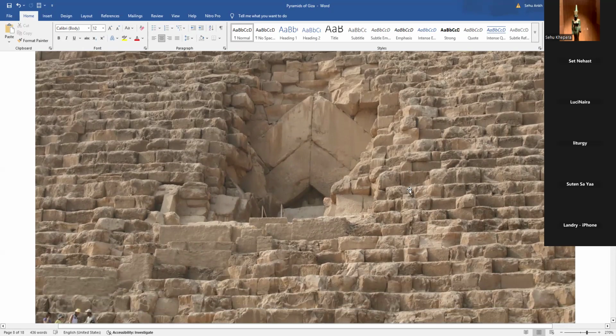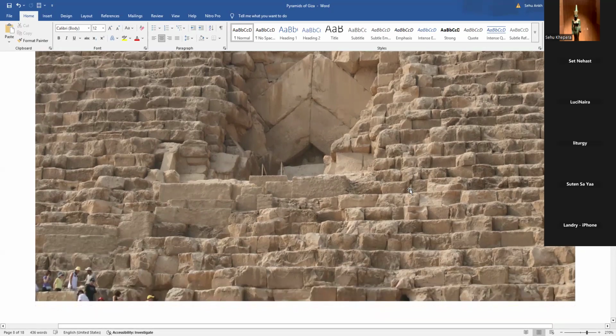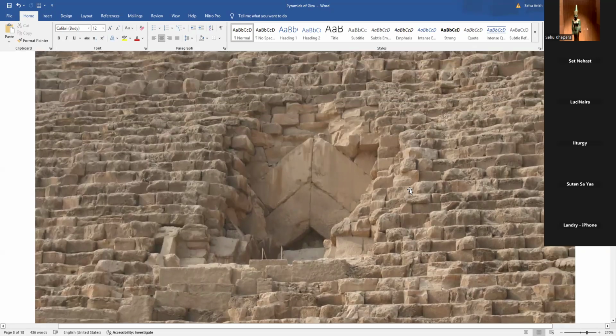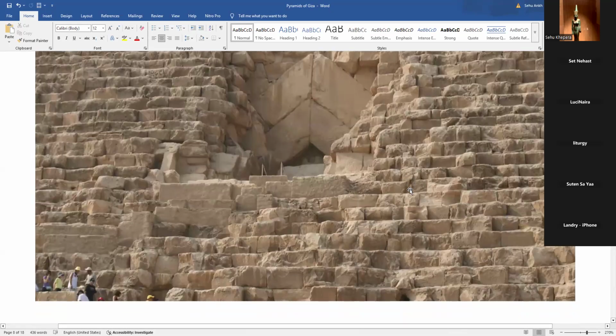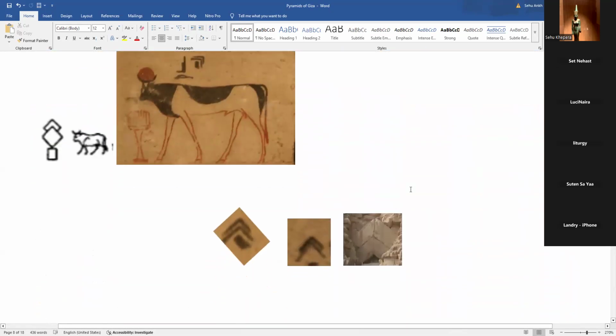To discover that one supreme divine. So when you're looking at the pyramid, you're looking at a manifestation of the one supreme divine, which is now a divinity. So the pyramid is a manifestation of divinity.